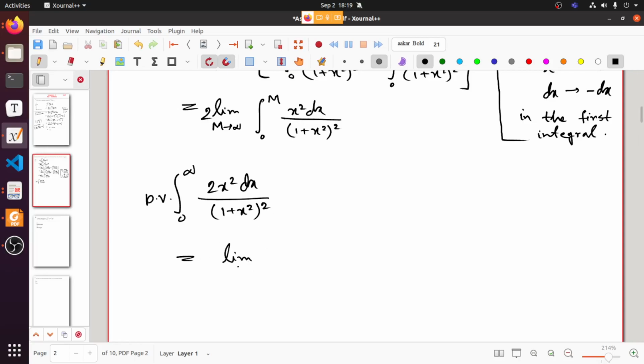Again you have to write limit m tends to infinity, integral 0 to m, 2x square dx by (1 plus x square) whole square, right?